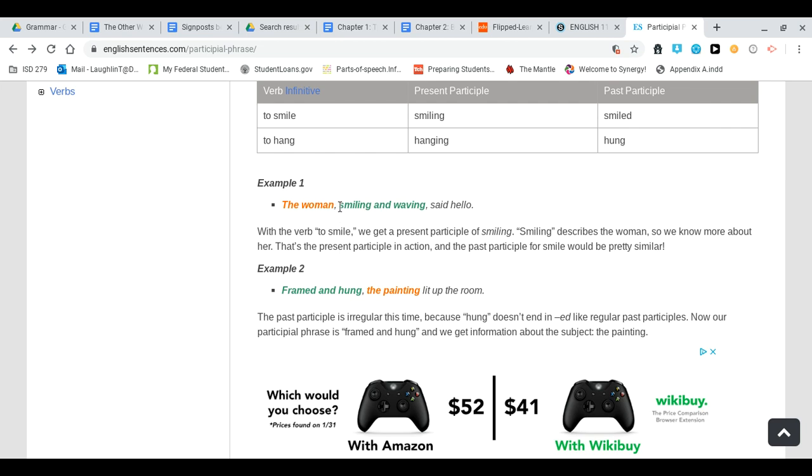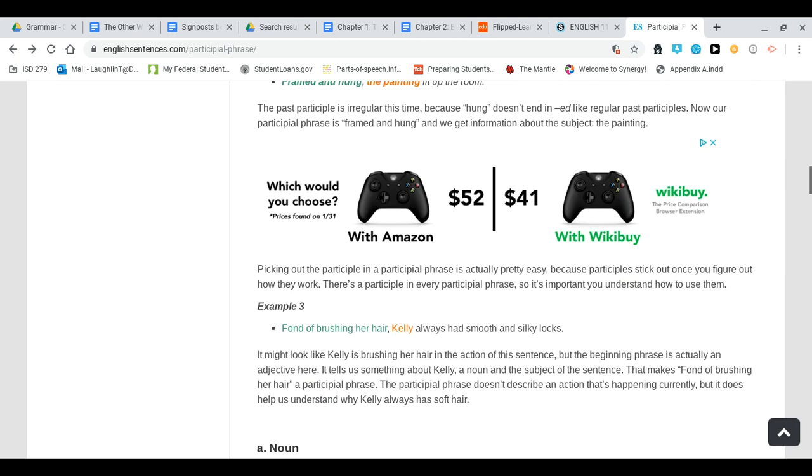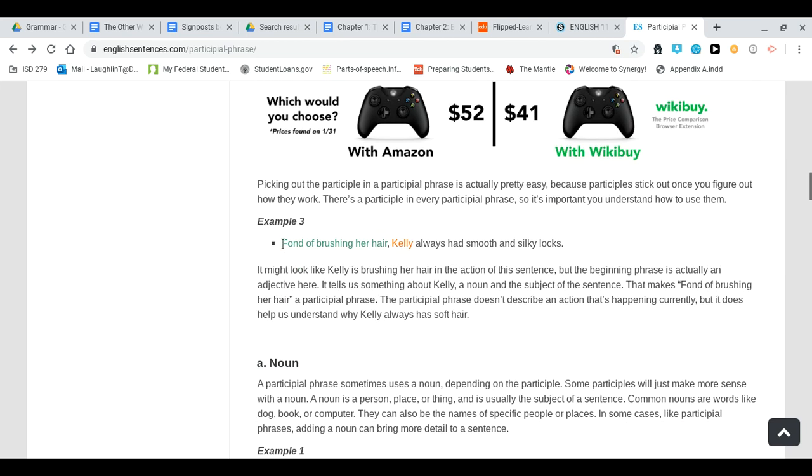The reason that the green part here that I'm highlighting is a participial phrase and not an appositive is because it's a verb. And that's really all it is. Down here, framed and hung, both verbs. They modify the painting. And there is the example of Kelly again here.